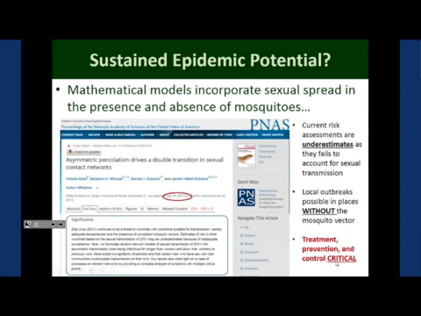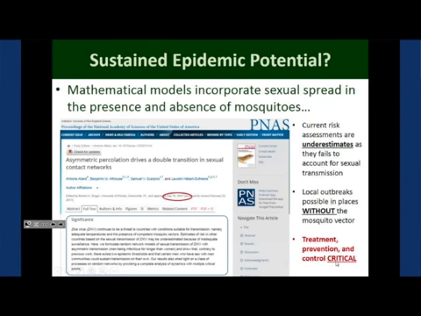Basically their take-homes were that in the absence of a place where mosquito transmission is happening, so a place like Maine, Zika epidemics can be introduced and sustained as sexually transmitted infections. And then if you are in a place where you have sexual transmission and vector transmission by both Aedes aegypti and Aedes albopictus, such as in Georgia, as Dr.